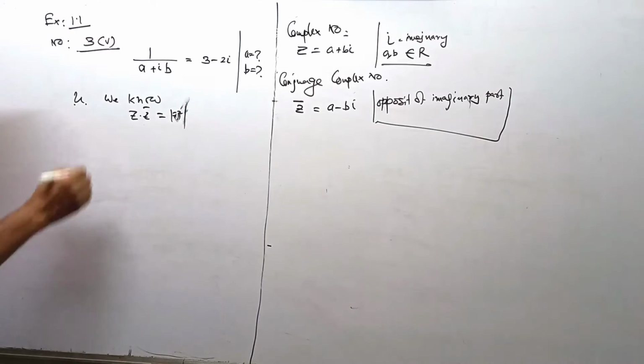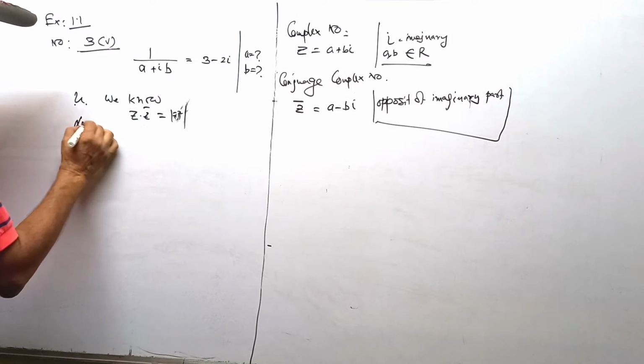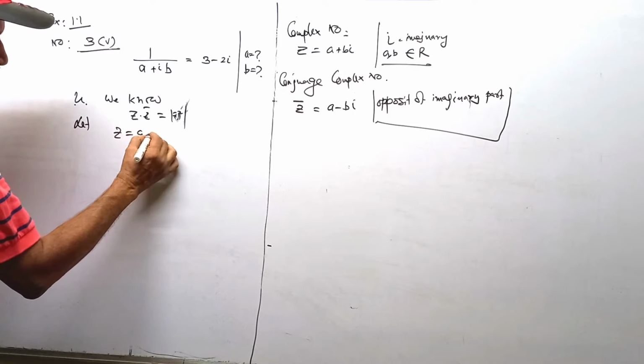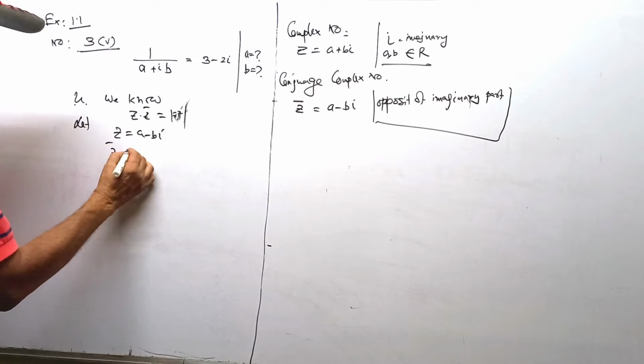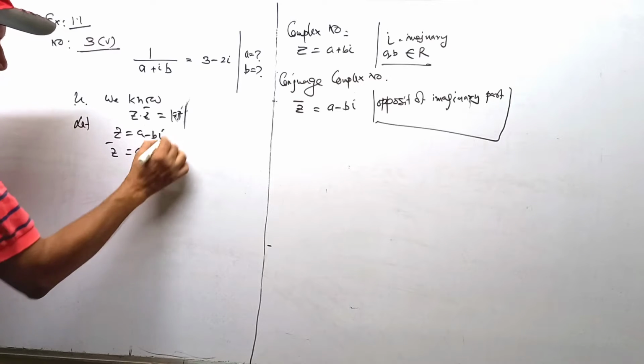Let z equal a plus bi and z bar equal a minus bi.